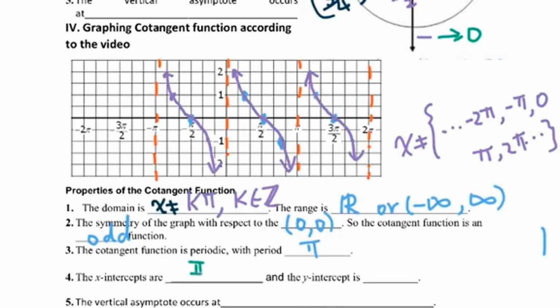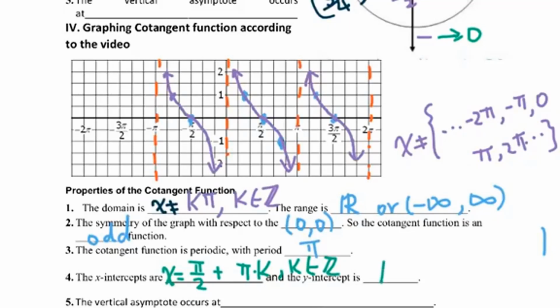Basically, it's pi over 2, and you add that period, pi, times k, or k times pi. Then you can write down k is all integers. Let me write down x equals.